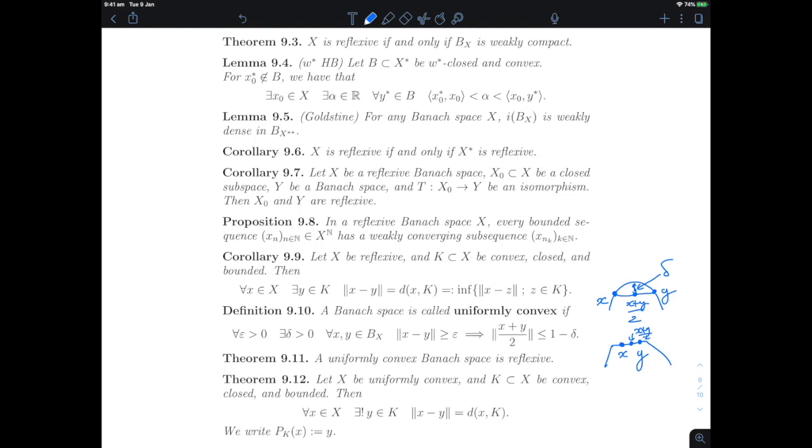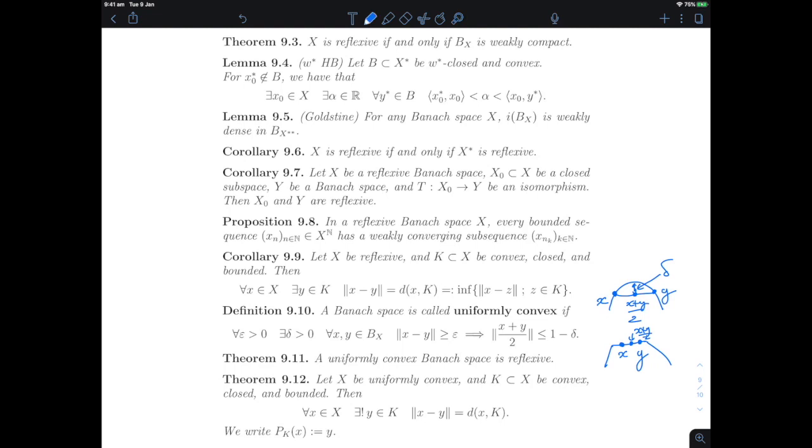So the uniformly convex Banach spaces are those whose balls are sufficiently round to guarantee this little distance of the midpoint from the boundary, and it guarantees that in a uniform way. That is to say that the relationship between epsilon and delta here is independent of the choice of points that describe where you are on the unit ball.